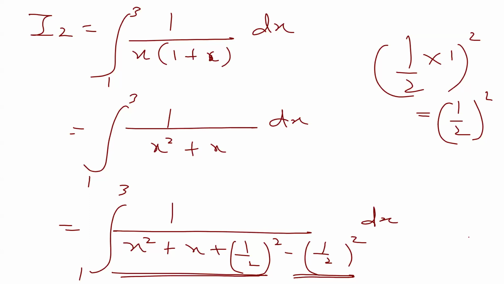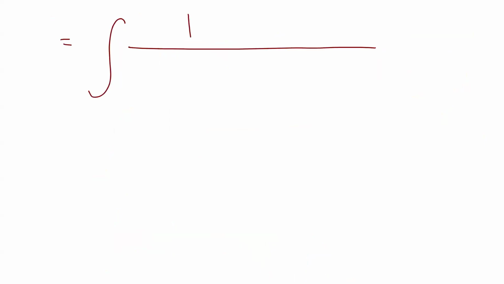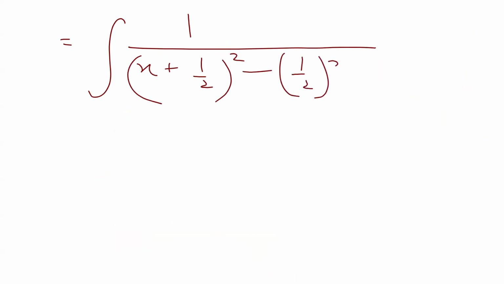Okay. Proceed. So x plus half the whole square, minus half square. 3 and 1.